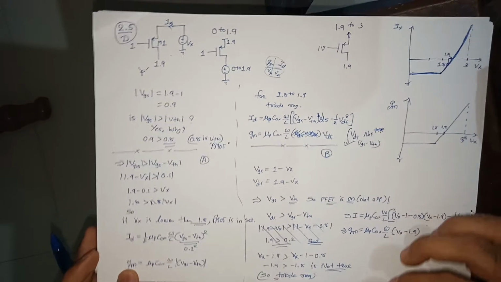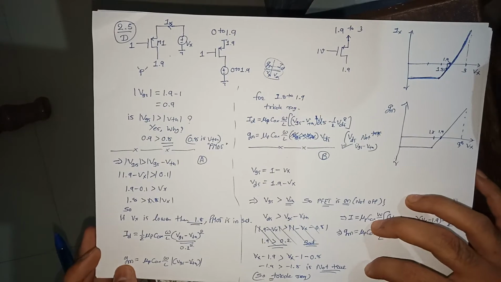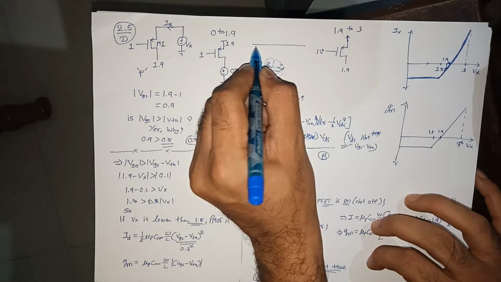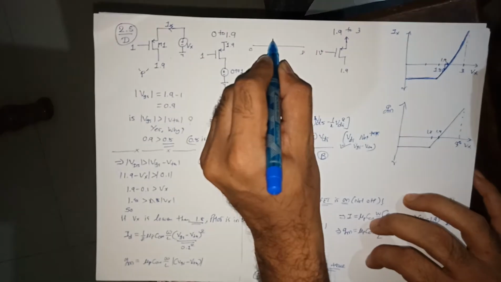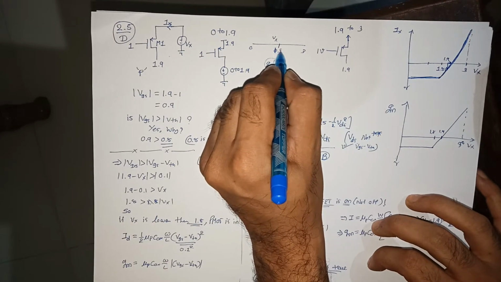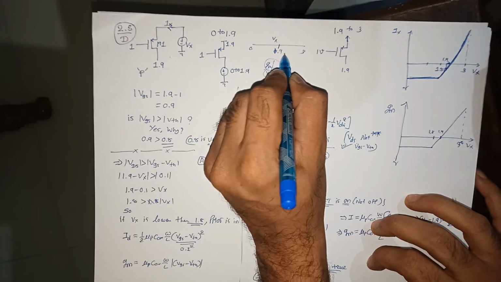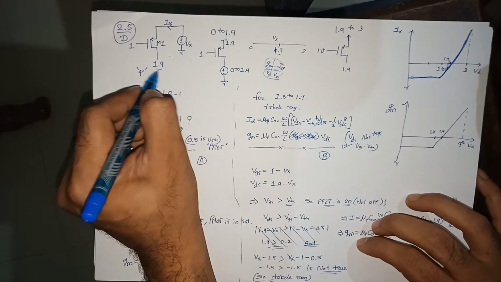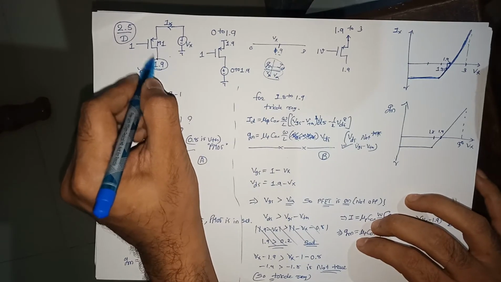Again, we will separate two portions. If we are going for Vx from 0 to 3 volt, from 0 to 1.9 will be one part, and 1.9 to 3 will be a second part. Why? Because one terminal is connected to 1.9.